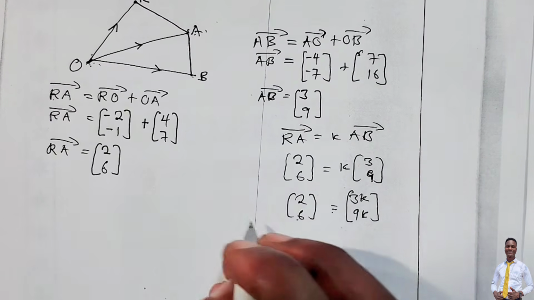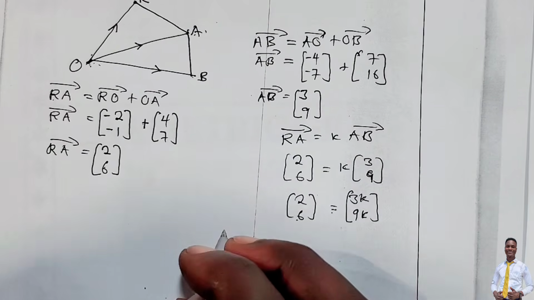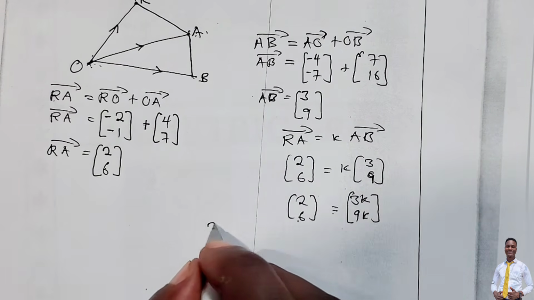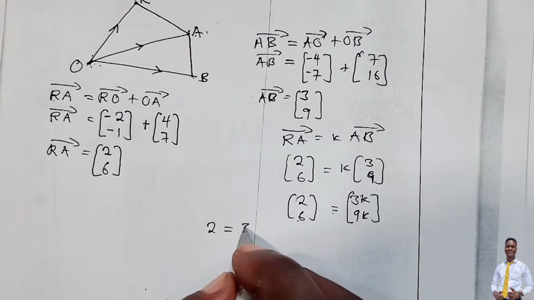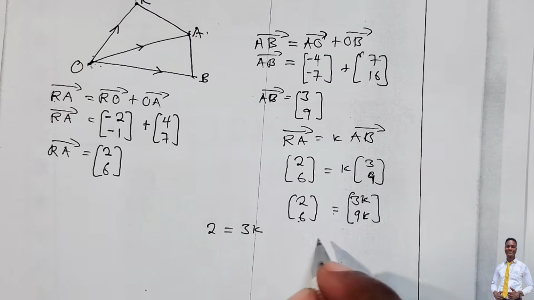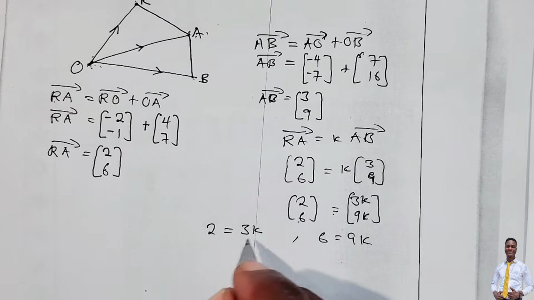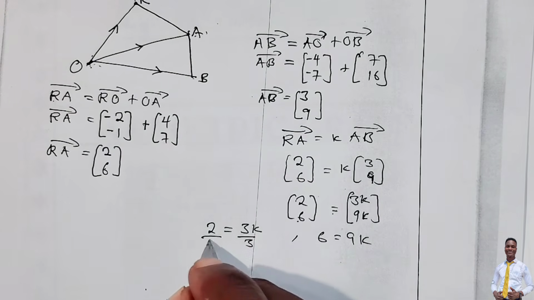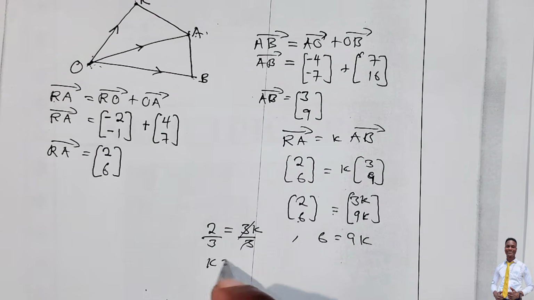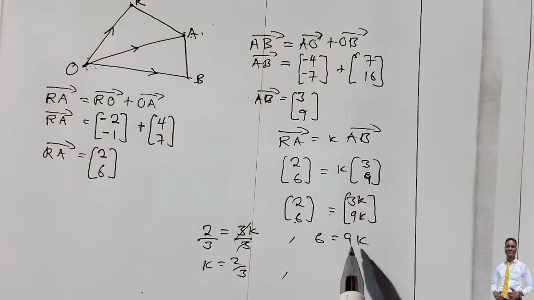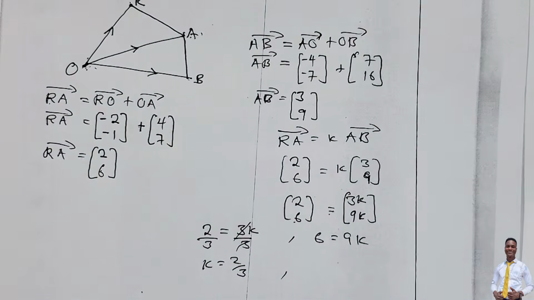That's what we do. Here we have 2 is equal to 3K, and on this side 6 is equal to 9K. Let's solve for K. Here you divide by 3, and here also by 3, so K is equal to 2 over 3. After doing the other one, we should find the same answer, 2 over 3.